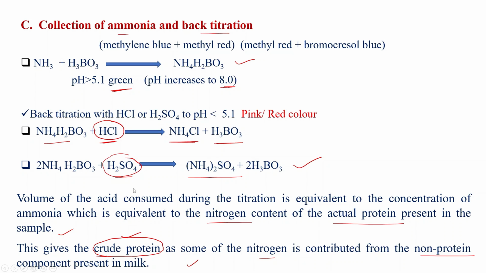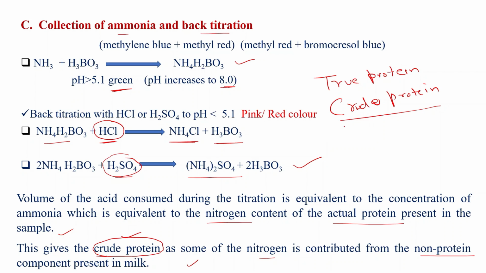All these are NPN present in milk. So nitrogen is coming from NPN also, so that's why it is not called true protein. From the Kjeldahl method we are not getting the true protein, but the crude protein.